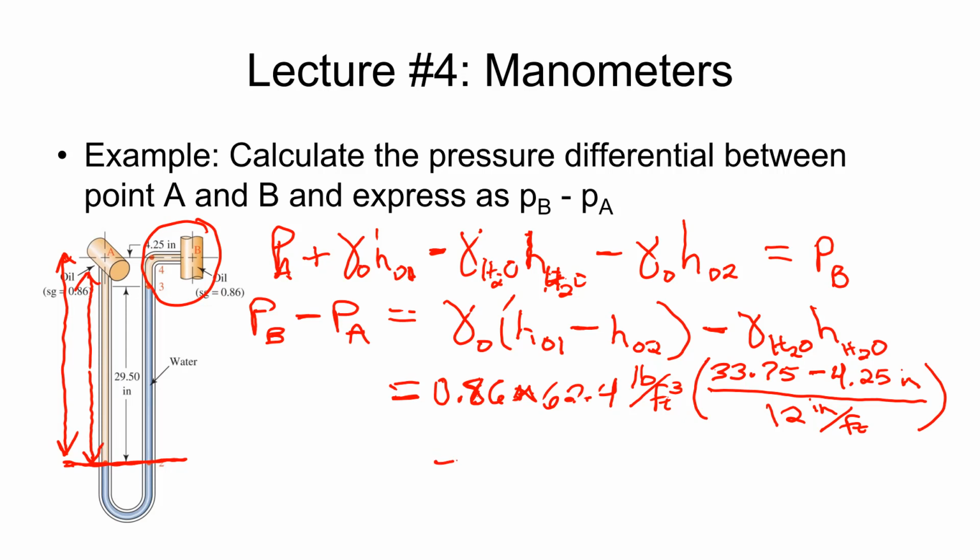And then from that, I want to subtract, I want to account for my water, so I've got 62.4 times my 29.5 inches divided by, again, 12 inches per foot.